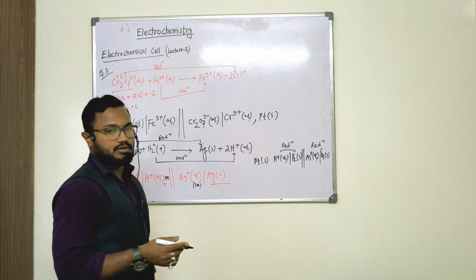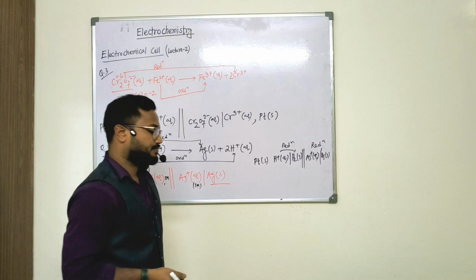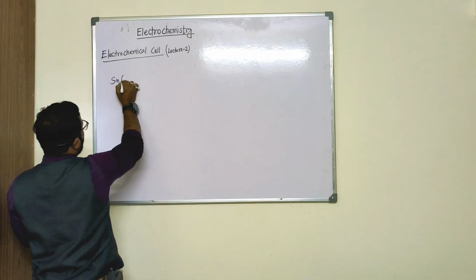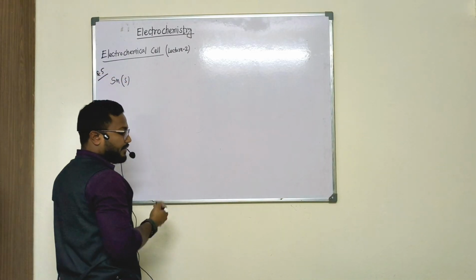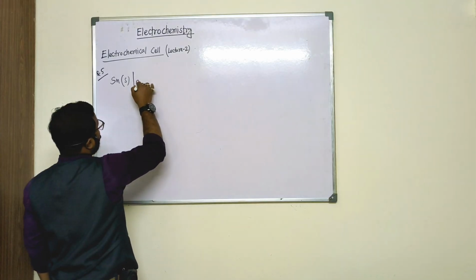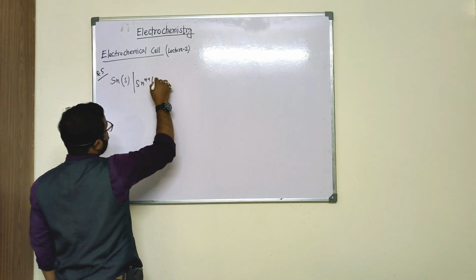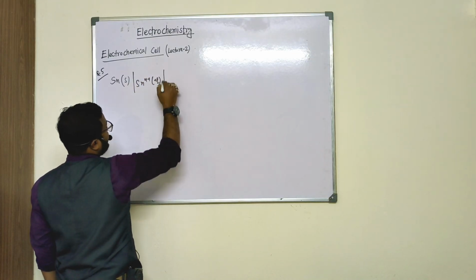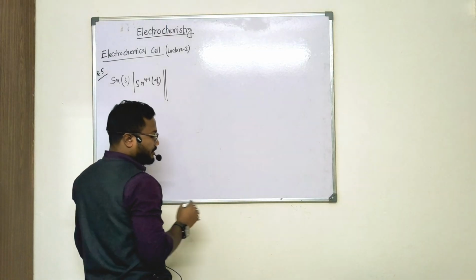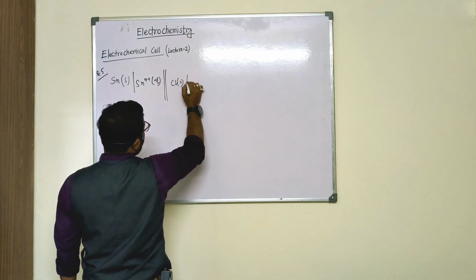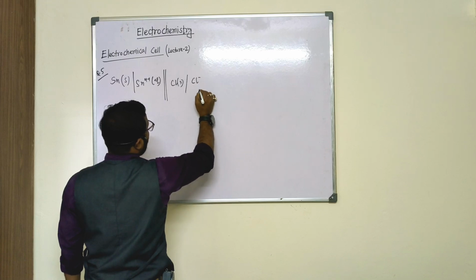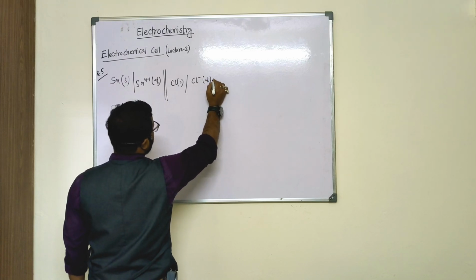Let us see further with some more examples. One example for tin, question number 5 we are discussing. Tin solid to Sn4+ aqueous. This is the given question, and here chlorine gas and Cl- aqueous.